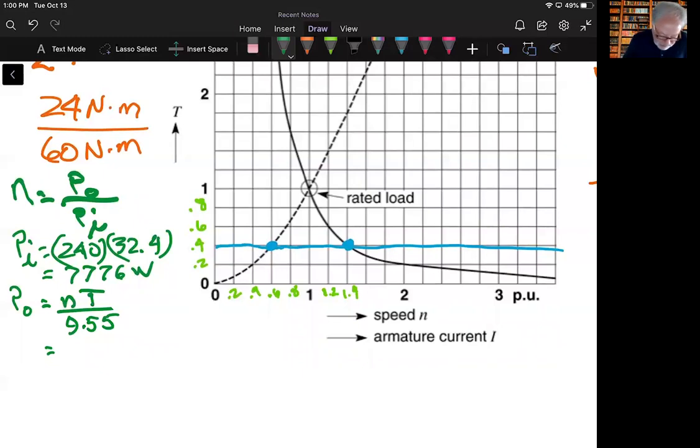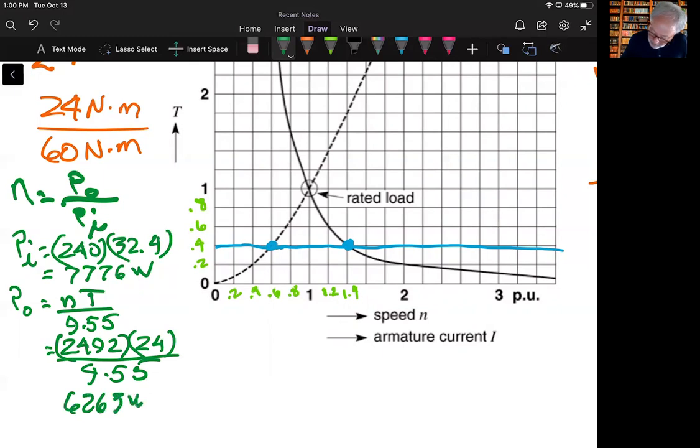But anyway, for our situation, we found the speed to be 2492, and the torque was, I forgot, it was 24 Newton meters, and then that divided by 9.55. And so that comes up to be 6,263 watts.